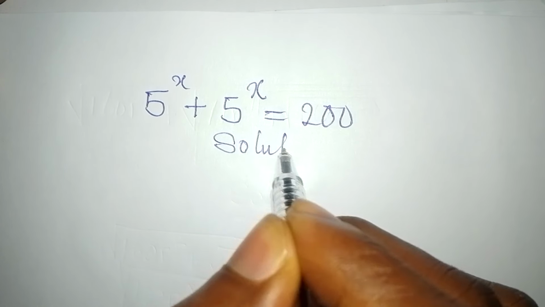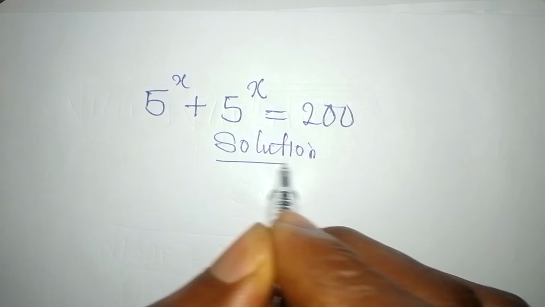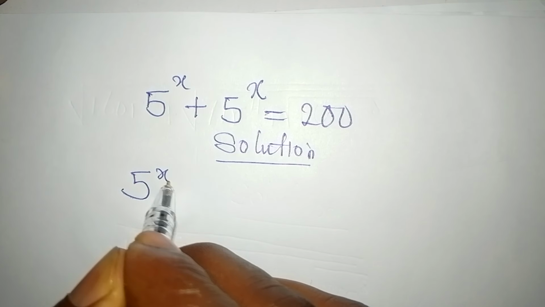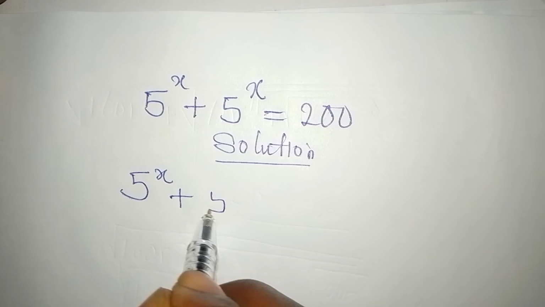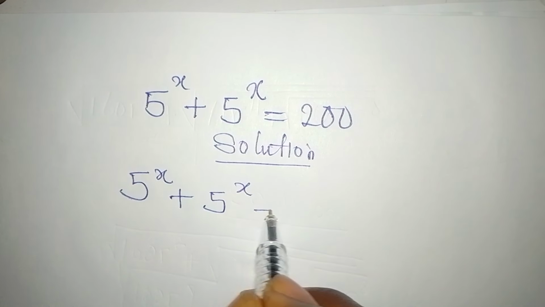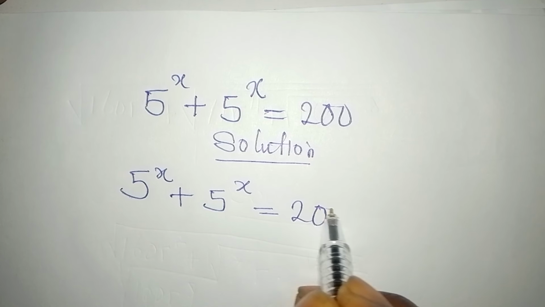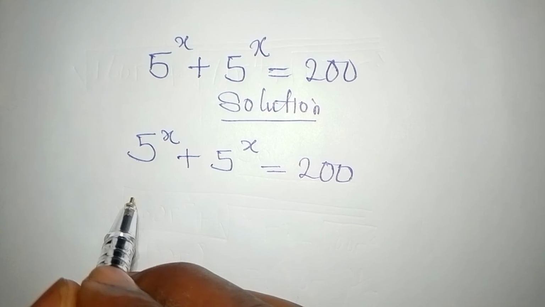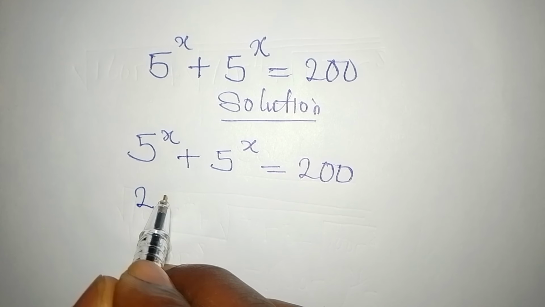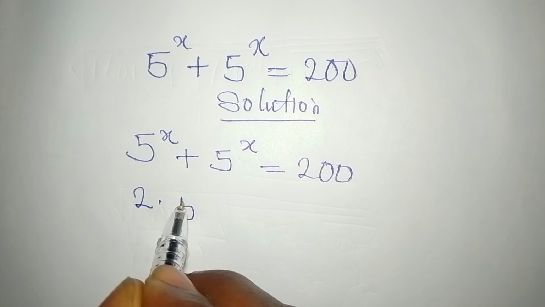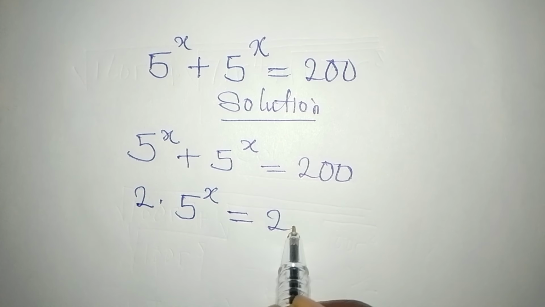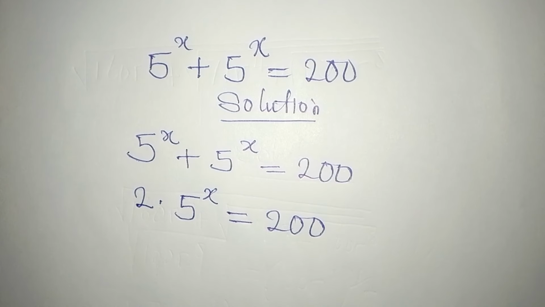Okay, let's provide a solution to this problem here. 5 to the power of x plus 5 to the power of x equals 200. Now, adding these two will give us 2 of 5 to the power of x, and that is equal to 200.